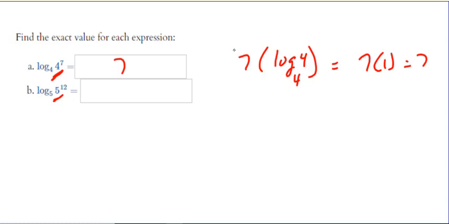If you use a property, you can see this becomes 1, right? 7 times 1. And if you look back at the property, if the base and the argument are the same, it's just the power. So there you go. So ladies and gentlemen, this concludes Chapter 5, Section 4.3 and 4.4, Section 3's video.